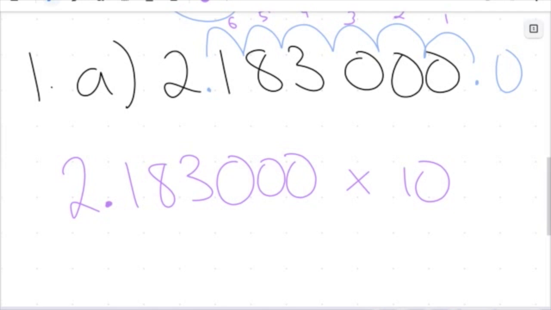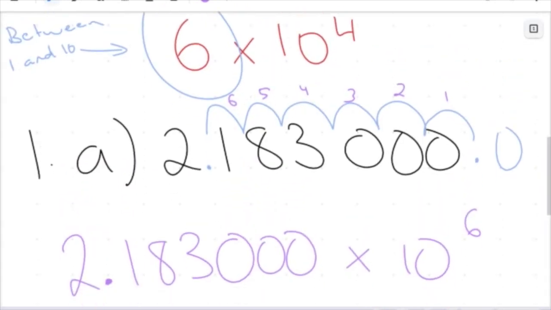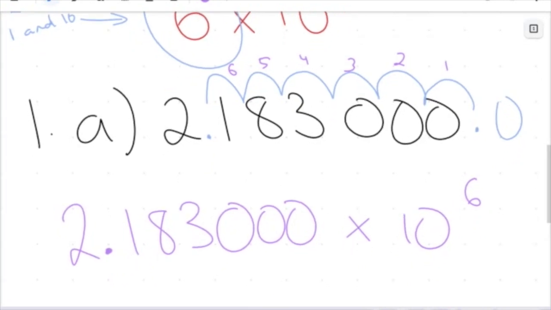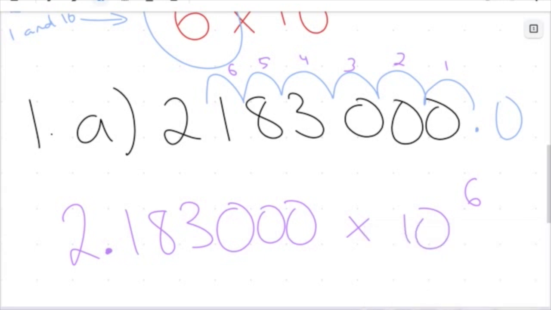And how many jumps did we do? This is all in the previous video, so please consult that if this is not super clear. But we did 6 of these. So in other words, to get back to 2,183,000, I can take 2.183000 and multiply it by 10 to the power of 6.